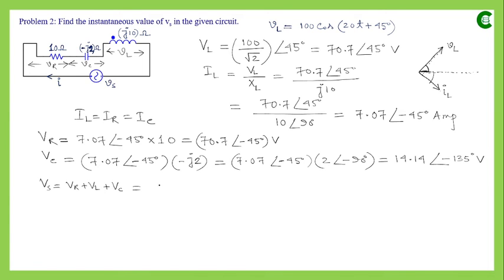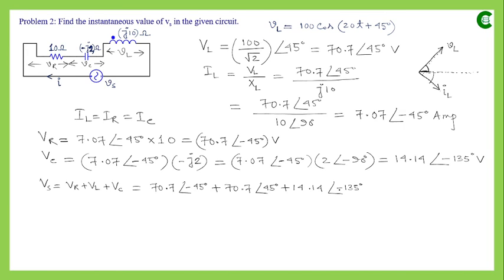Now VR we have obtained as 70.7, angle wise minus 45 degrees. Then VL is again 70.7, angle wise 45 degrees, and VC is 14.14, and angle wise it is minus 135 degrees.